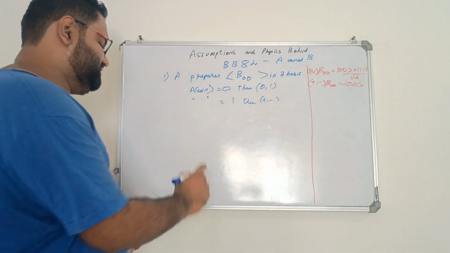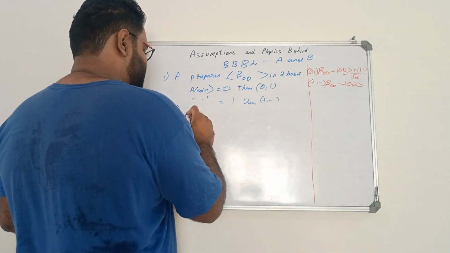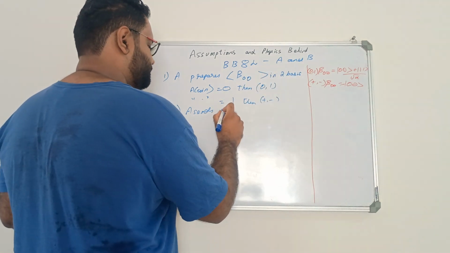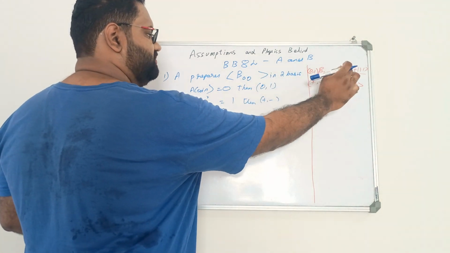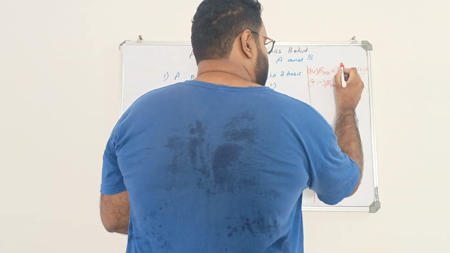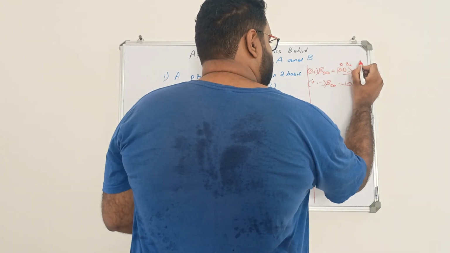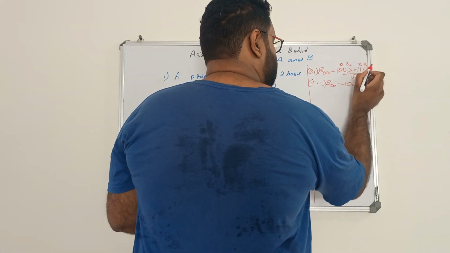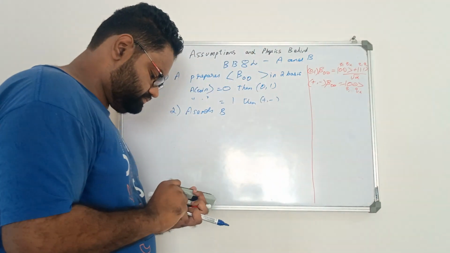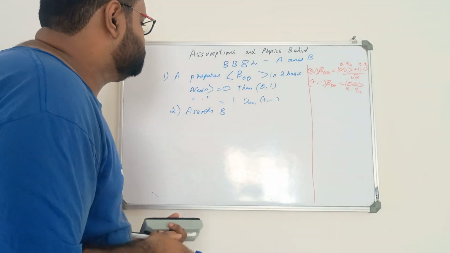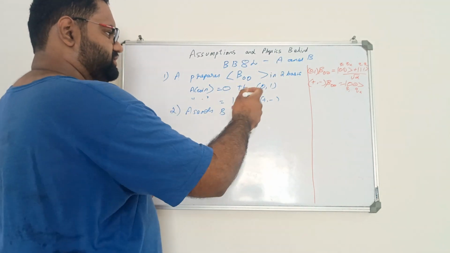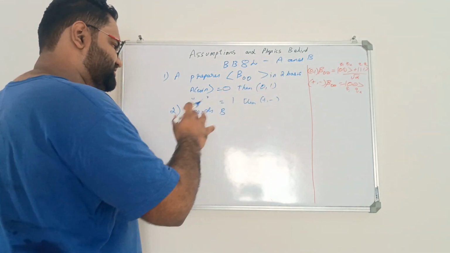So after preparing this, A sends B the second qubit. So this is qubit number 1. So A sends B the second qubit, and then, let's just start from there.